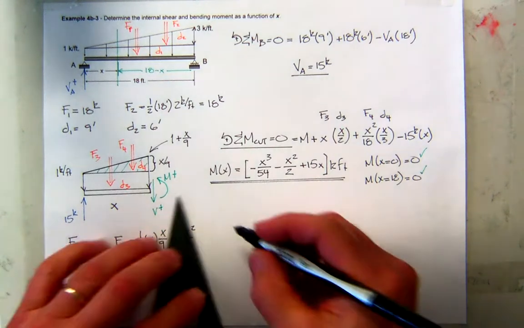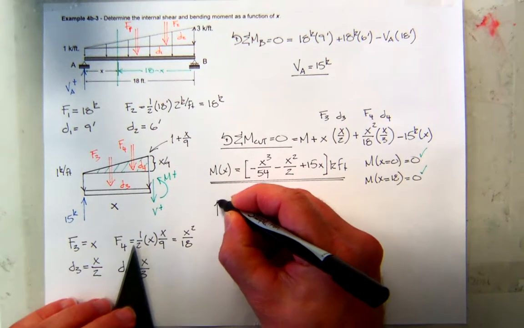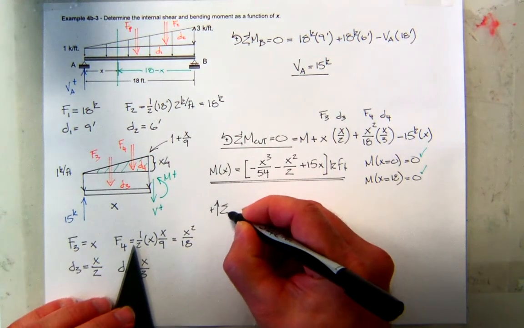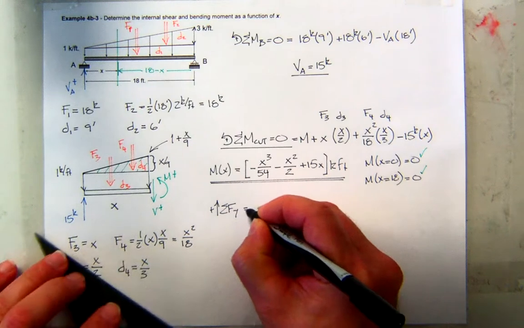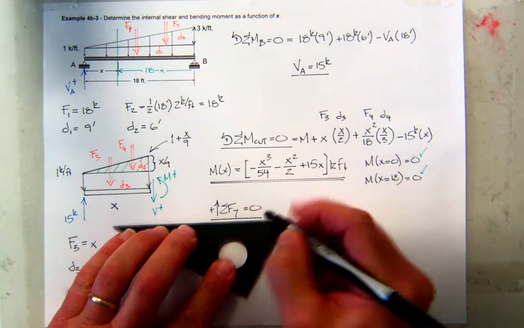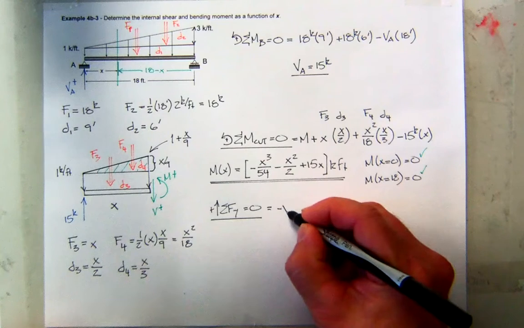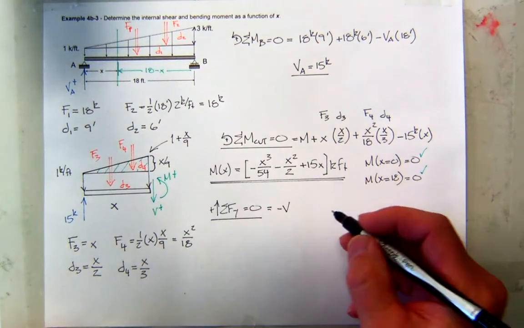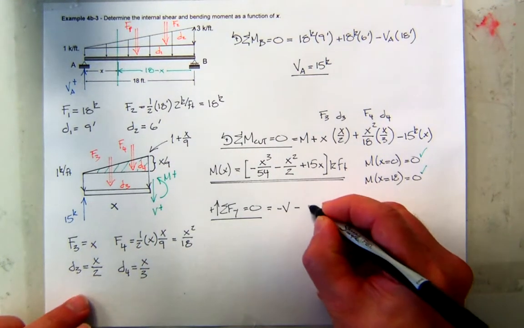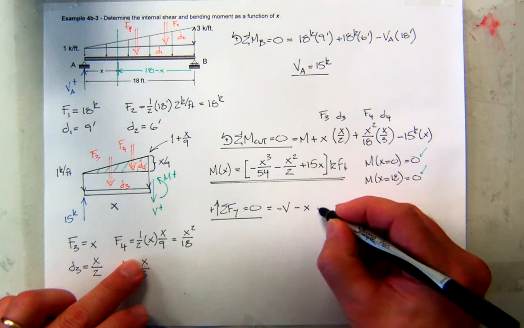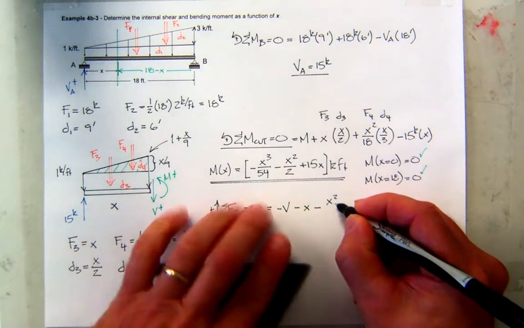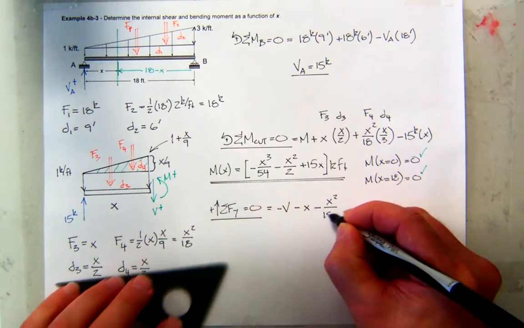So now I have to just get my shear. So I will sum forces in the y direction. Make sure I'm in equilibrium. I'll assume up is positive, so that shear force is down. F3, F4 are down. Let's see, F3 was x. F4 was x squared over 18.